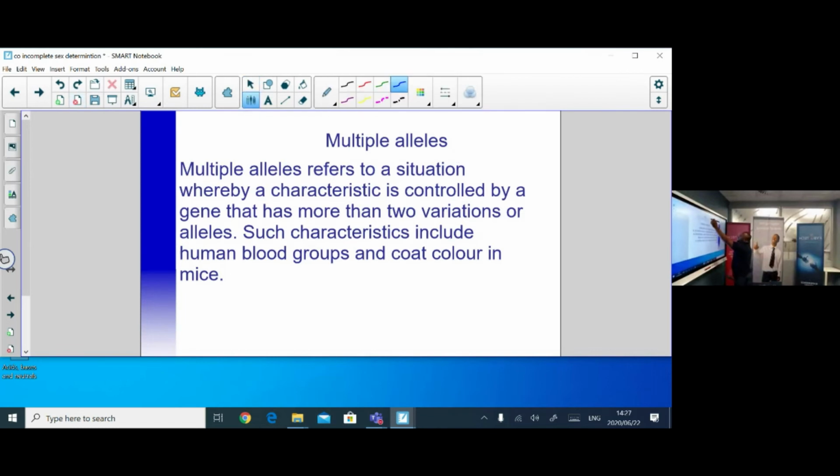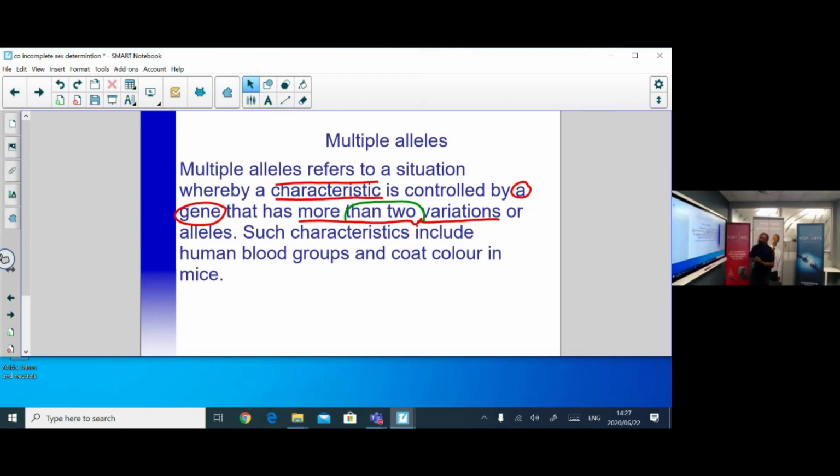I don't want you to get confused. We still need the term alleles.